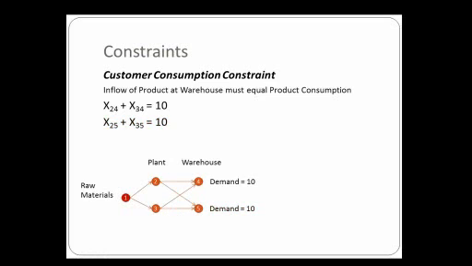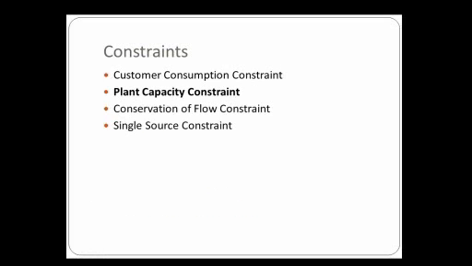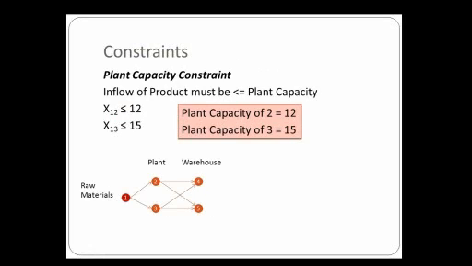If I look at some of the other constraints, we have the plant capacity constraint. This is saying that the inflow of product going into the plant has got to be less than or equal to the plant capacity. You could also say that the outflow of material has got to be less than or equal to the plant capacity. But I actually have another constraint in here that says the inflow has got to be equal to the outflow. So it really doesn't matter whether I look at the raw material side or the warehouse side. It would be the same.